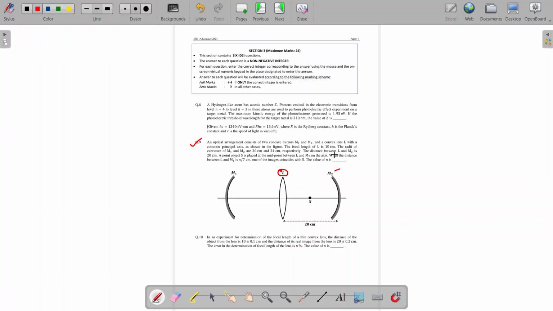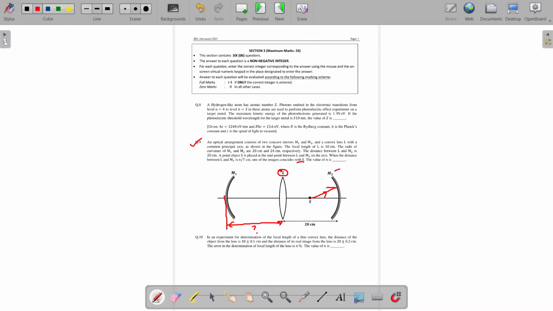Eventually, an image is formed which coincides with the source itself, with S. So we have to find what is the distance between the other mirror and the lens. So basically what we'll do is that we'll say okay, this ray of light went like this.